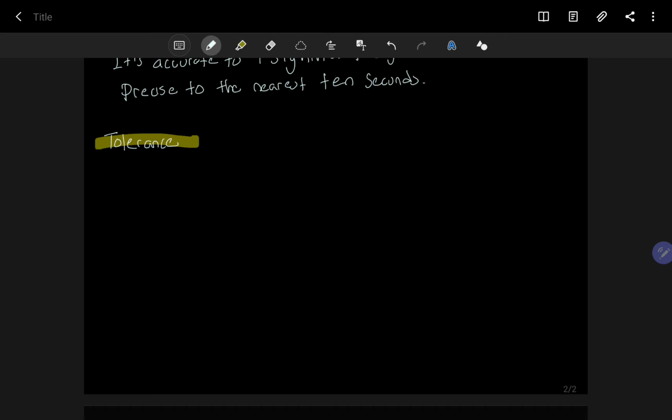So for the tolerance, think of a Subway. For Subway, we can buy a full footlong, right? So we can get a full long sandwich. And we know that it's supposed to be how many inches?